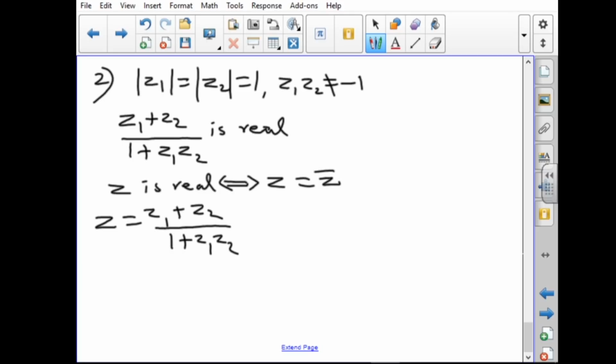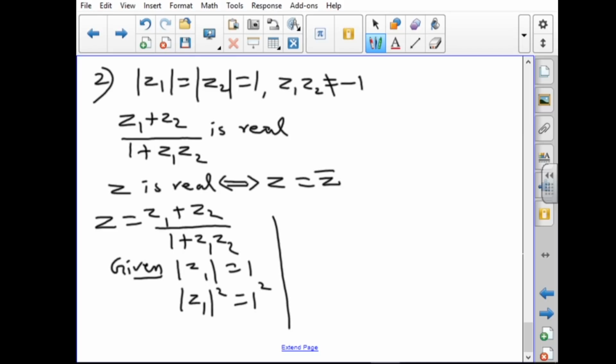Now given that modulus of Z1 is equal to 1. So we know that modulus of Z1 square is equal to 1 square, which gives us modulus of Z1 square is Z1 into Z1 bar, which is equal to 1.